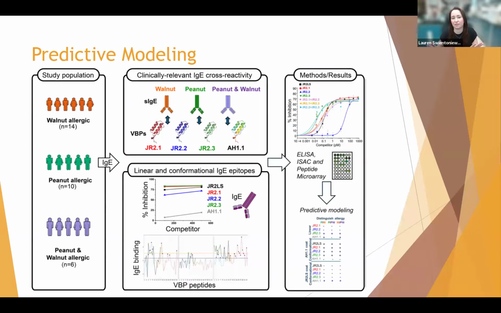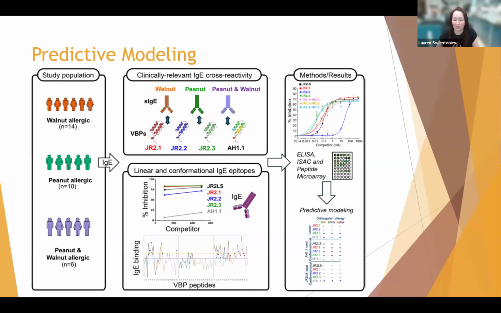This is a flow chart of my project where I took patient sera and looked at the linear and the conformational, or 3D, structures of Ig binding to those things. With collaboration with other scientists and also the other postdoc in the lab, we can use this information to compare between the linear and conformational to get predictive modeling.